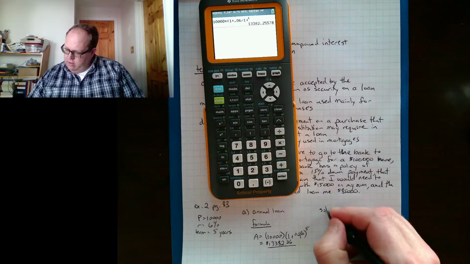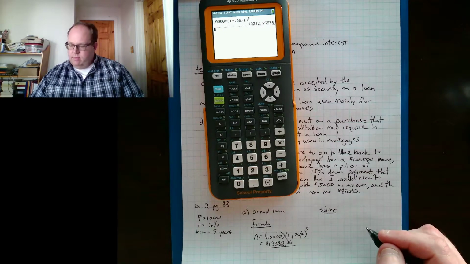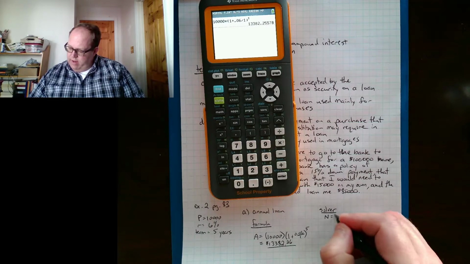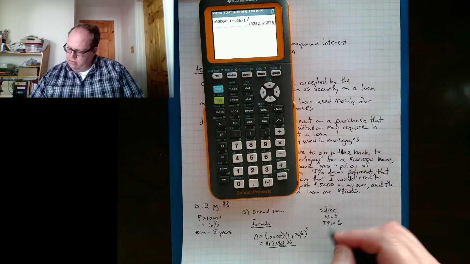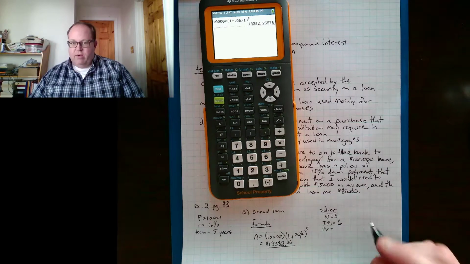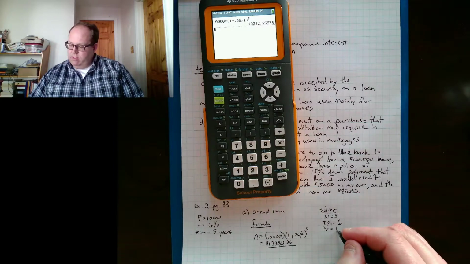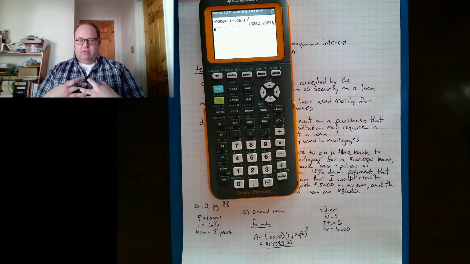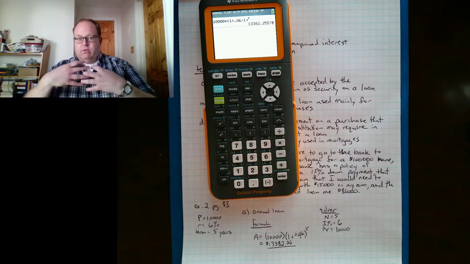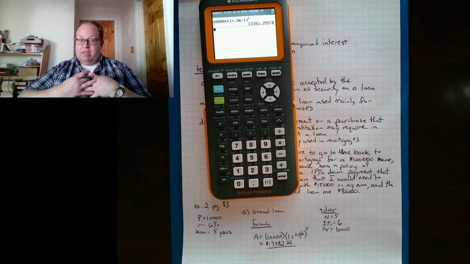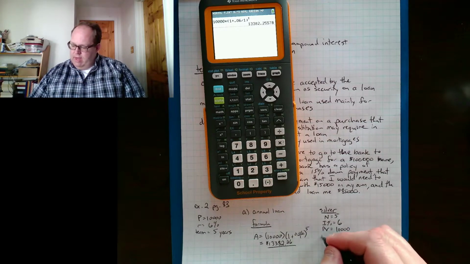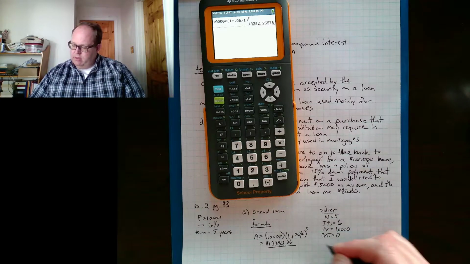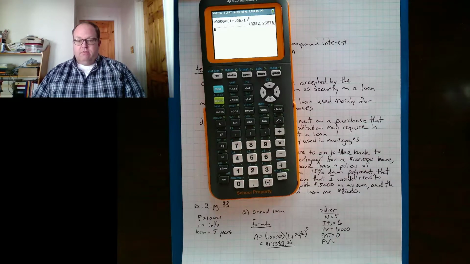We could also use the solver. In the solver, your N would equal 5, your I would be 6. Your present value, I will note the one difference here is your present value now is a positive number. That's because you have gotten this $10,000 at the start of the loan, at the start of the whole transaction. So that's positive money that you have right then. What will then happen, and there's no regular payments on this, is your future value will turn out to be negative because that's ultimately what you're paying back.